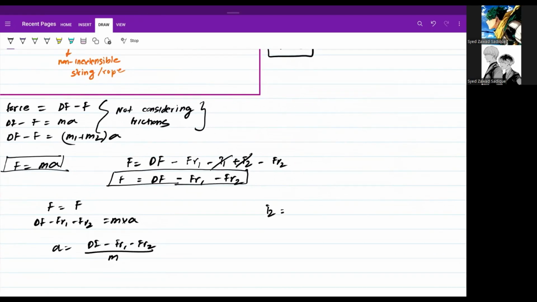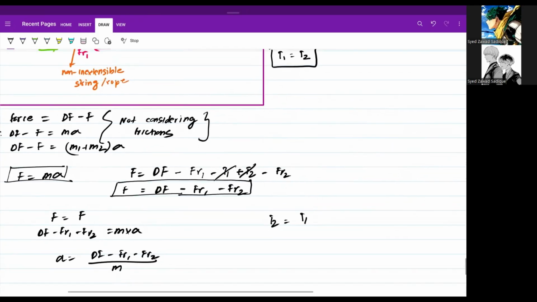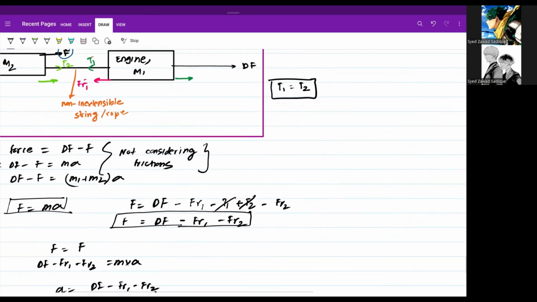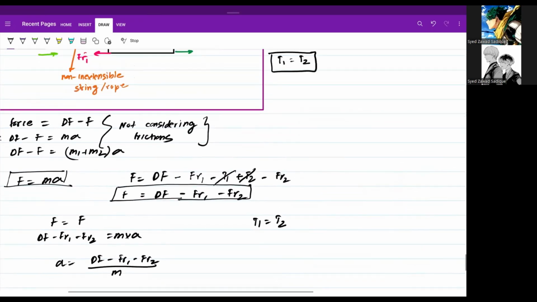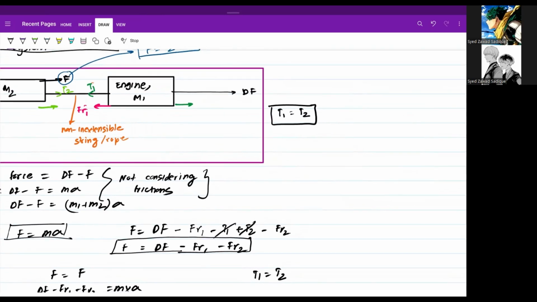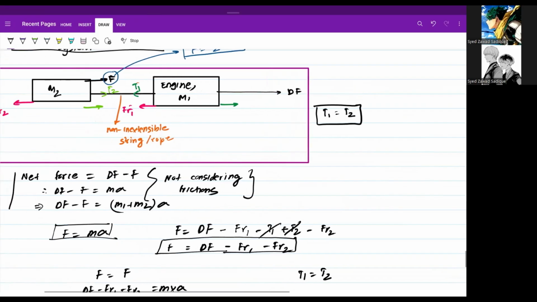T2 is equal to T1. In a question, when they ask you to find the tension, you don't have to mention this, but I'm mentioning it so that you understand. So T1 is equal to T2. The formula is very simple. Guys, think about what looks simple: the engine or M2?